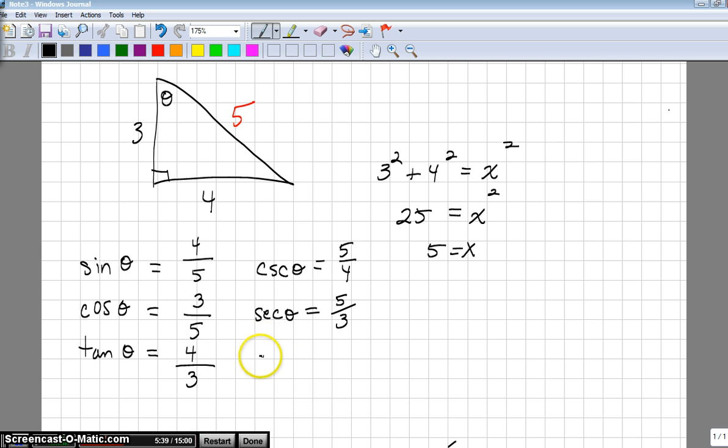And the cotangent of theta is the inverse of the tangent ratio, so if the tangent ratio is 4/3, then the cotangent would be 3/4. Okay, so we need to make sure that you can tell me the sine, the cosine, the tangent, the cosecant, the secant, and the cotangent of any acute angle in a right triangle.